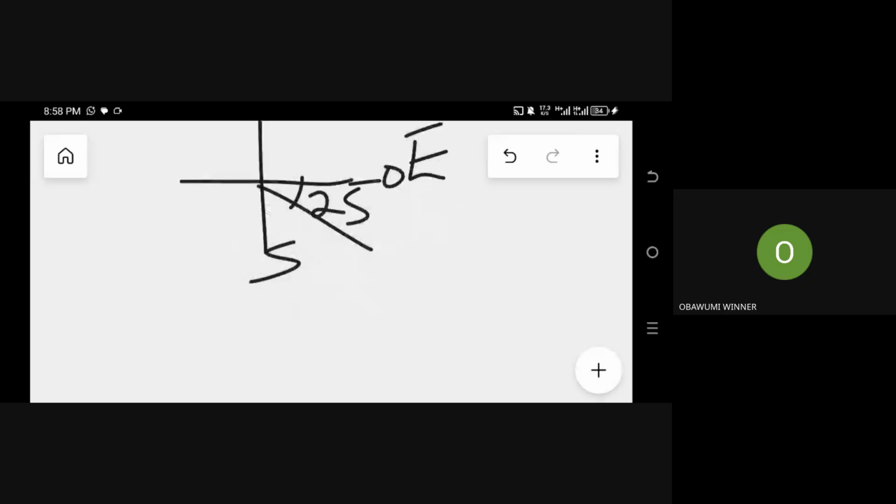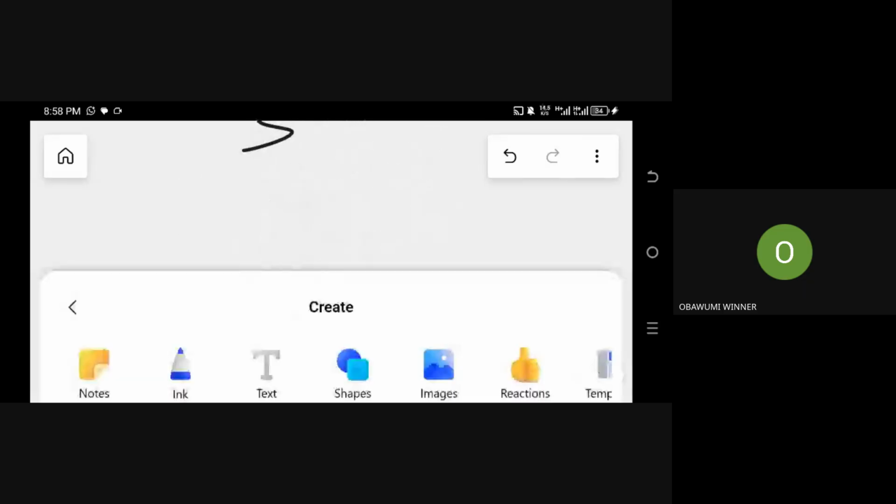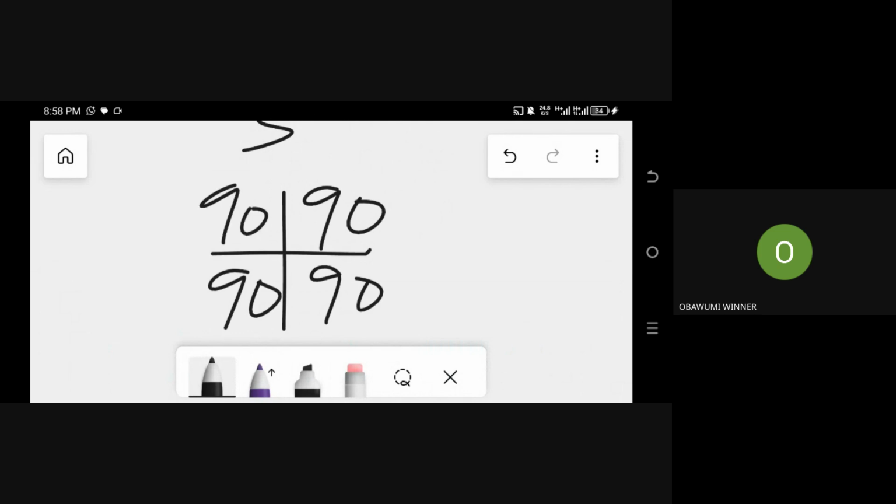That brings us back to the four quadrants, where we said each quadrant would be 90 degrees. So this is the first quadrant, this is the second quadrant, this is the third quadrant, and this is the fourth quadrant. Each quadrant possesses 90 degrees.